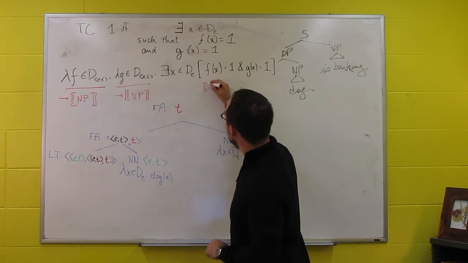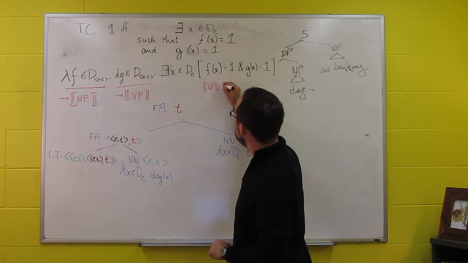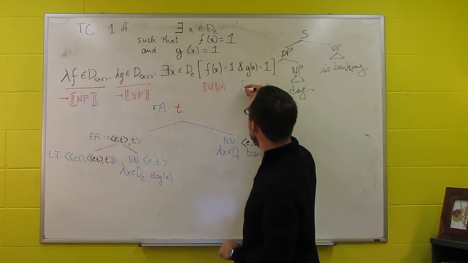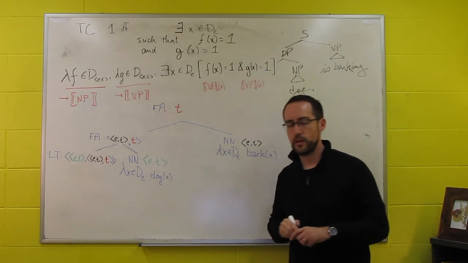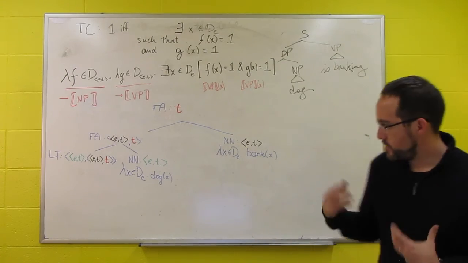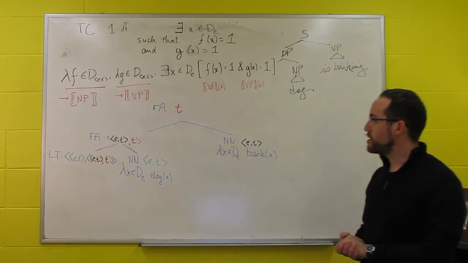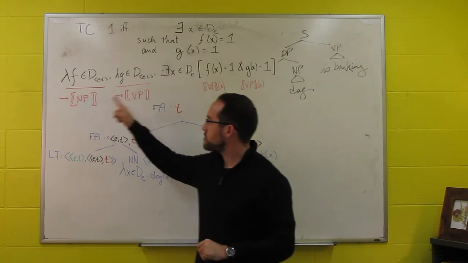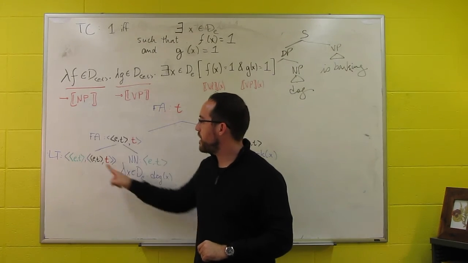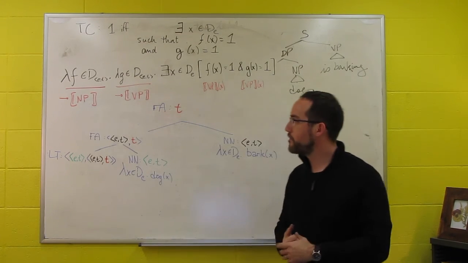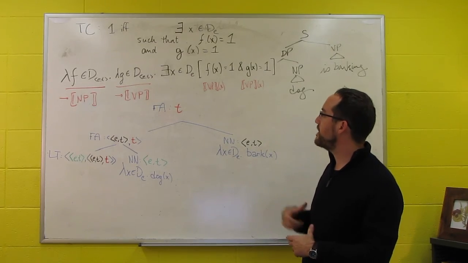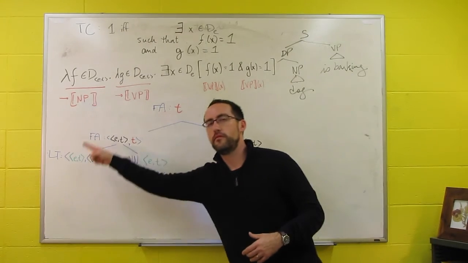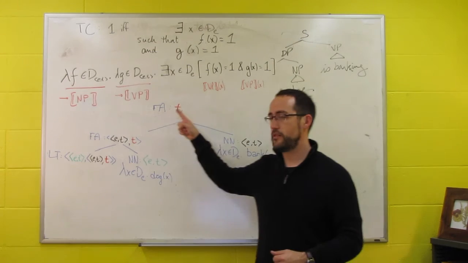So it's going to say my NP of x equals 1 and my VP of x equals 1. That works out pretty well. Now what's interesting is that the NP is the first argument of "a," and then the VP is an argument of the result, "a dog."